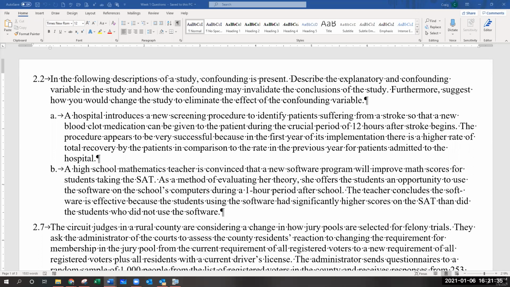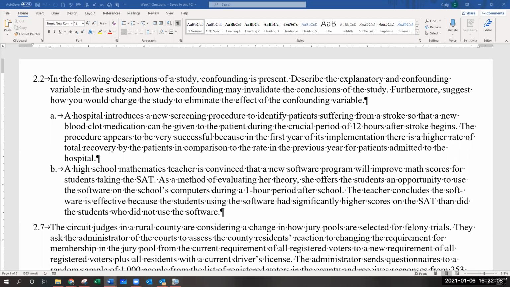But when you look at it deeper, you can see that there's all sorts of confounding variables, all sorts of other things that could have made the groups different. In the first example, the confounding variable is the fact that it was a year ago. It's the year in which they were admitted. The patients last year didn't get the blood clot medication, but there also could have been a whole lot of differences between what happened last year to stroke victims and what happened this year.